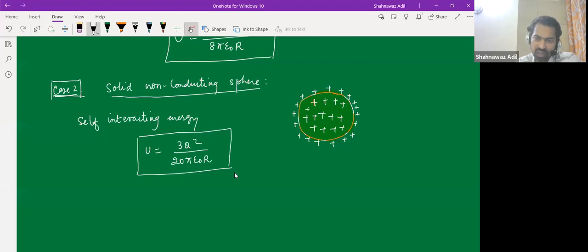Okay, yes, the derivation is not important. That is why I'm skipping the derivation, because in the exam they will only ask about the self-interacting energy. They will not ask about the derivations. That is why I'm skipping the derivations.